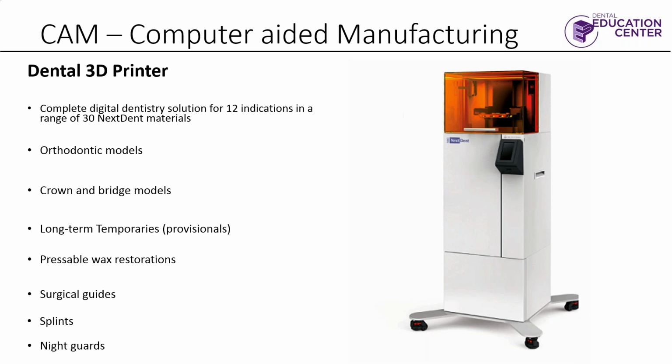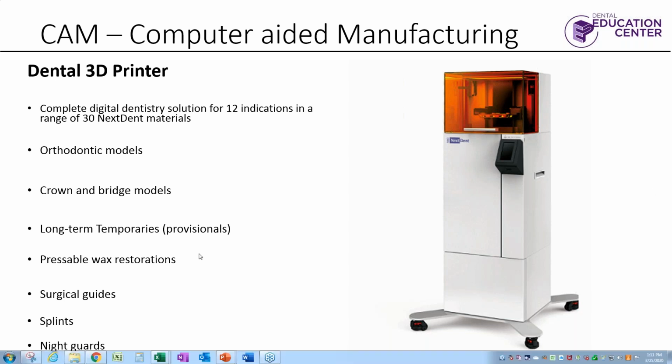It's a good little printer, doesn't take up a lot of real estate in the office. Speed on it is pretty decent. That NextDent printer, though, is frighteningly fast. If you're wanting something that'll pump stuff out quickly, without spending $100,000 on something, the NextDent 5100 is a fantastic printer.